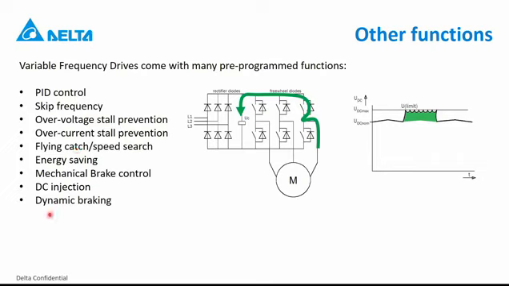For applications where it's mandatory to stop the motor within a certain amount of time, you can connect a braking resistor to the drive, and then the drive can take all the extra energy that is coming from the motor and convert that into heat, thus helping the motor stop a lot quicker than it normally would.